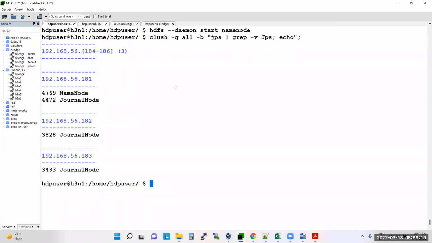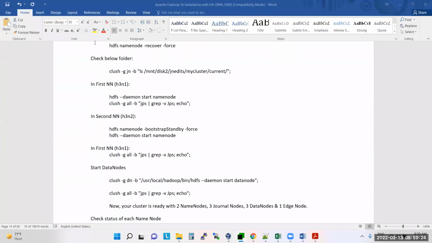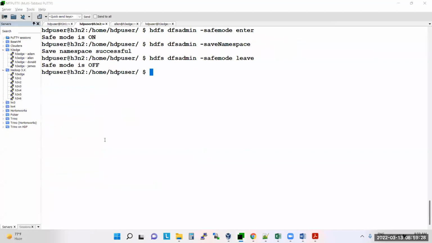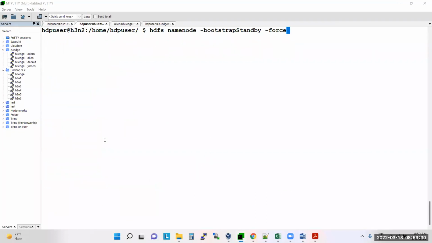Now, in the secondary name node machine, go to that machine and run the command bootstrap standby. Why is this command required? Because this is a new name node, right?